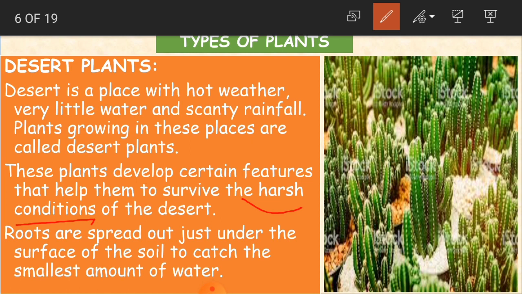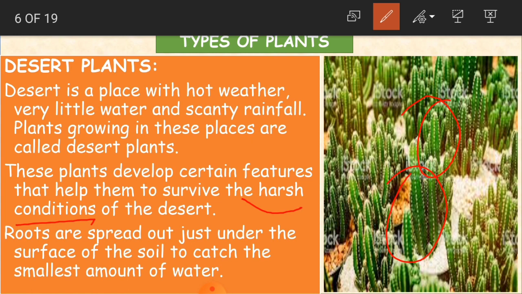So harsh is what we cannot bear. The desert plants have certain features that help them to survive in these harsh conditions. And what is the main feature? That is their stems here. Because of this, they are able to survive in those harsh conditions.